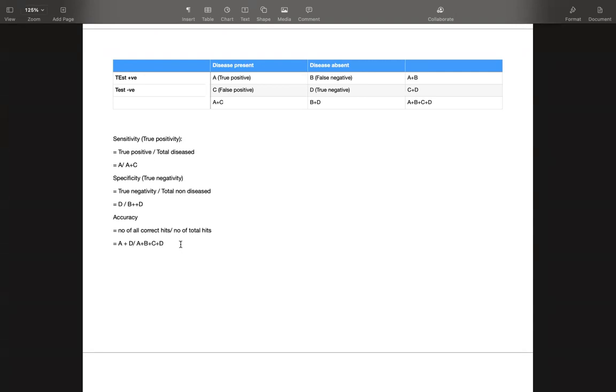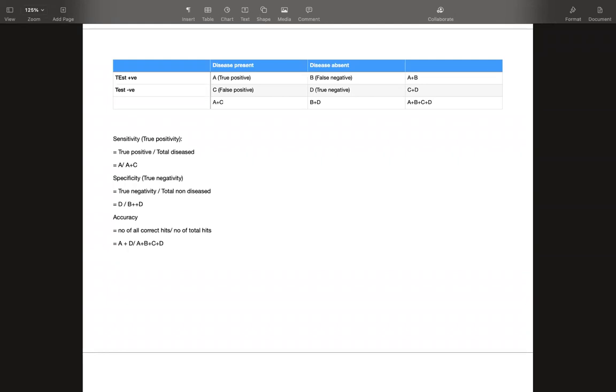Now, the thing I would like you to remember is that accuracy, specificity, and sensitivity have nothing to do with the prevalence. They do not depend on the prevalence. This is all about sensitivity and specificity.